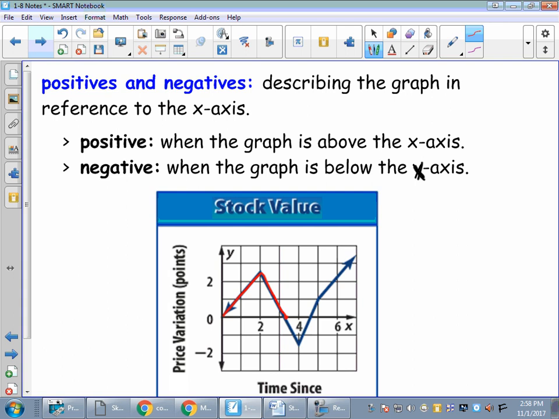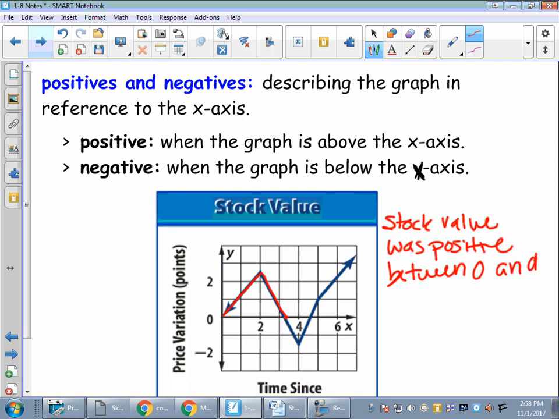So what we can say is the stock value was positive between 0 and say 3.1 hours. Just an estimate.